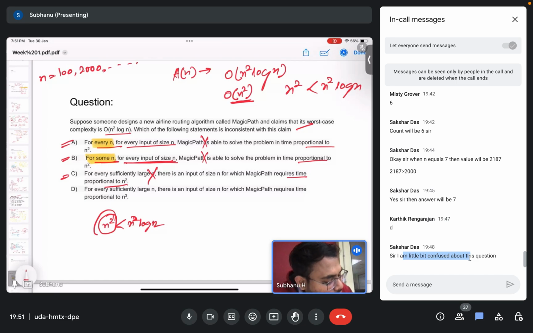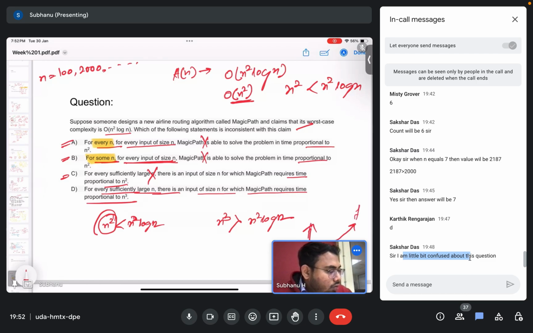In the last option, it is saying that for every sufficiently large n, there is an input of size n for which magic path requires time proportional to n cube. So n cube is greater than n square log n. Basically, if you see what big O says, if this is the function, then this is c of g(n).